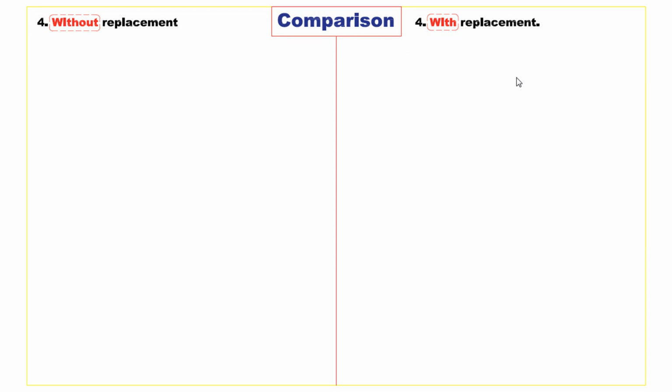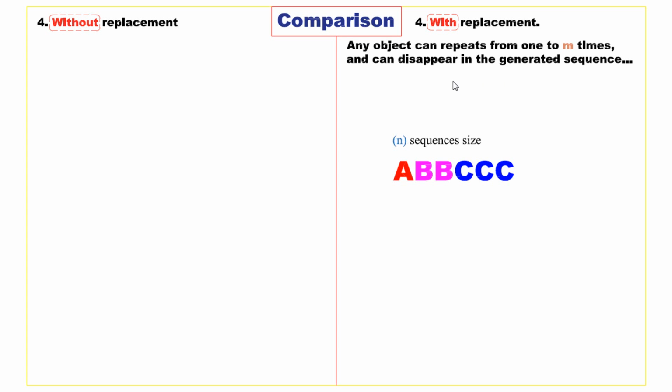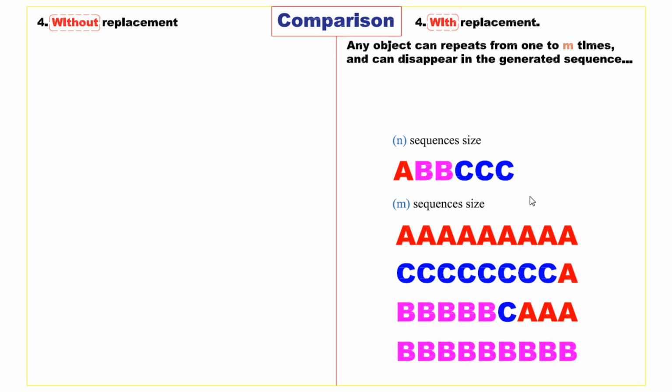For the case with replacement, as we have seen before, we have the original sequence here with 1A, 2B, and 3Cs, and we can generate a sequence of m size. So in this case, A can repeat once or 3 times or m times, or can disappear from the generated sequence.